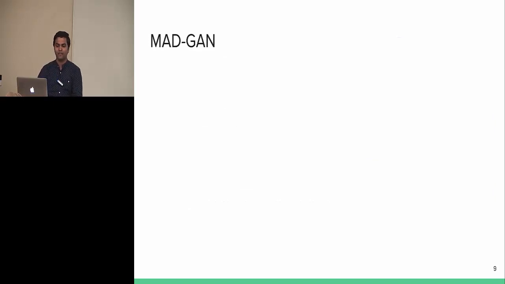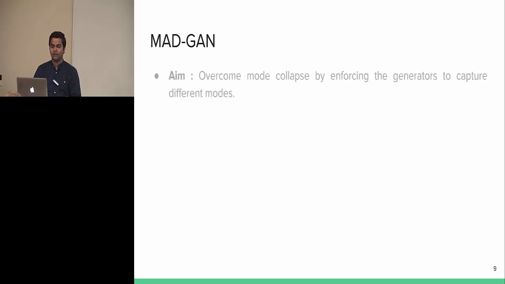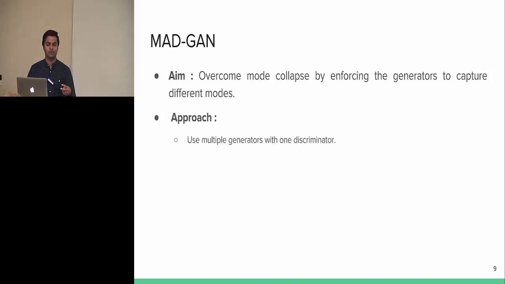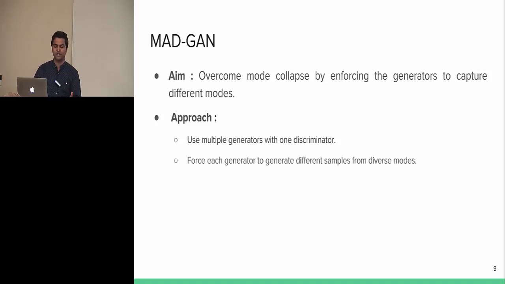Coming to MAD-GAN, which we are discussing today, the aim of this paper is to overcome mode collapse by forcing the generators to generate different modes. They have proposed 2 different approaches, where in both of them they have multiple generators and one discriminator, and they force each generator to generate different samples.